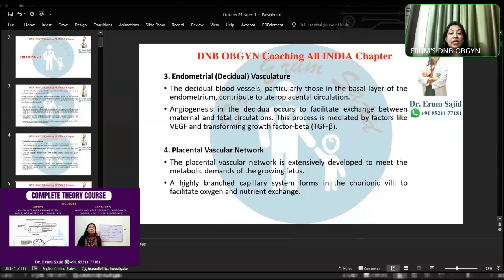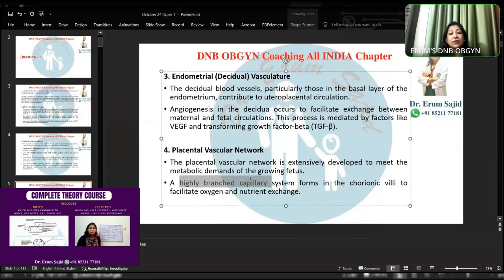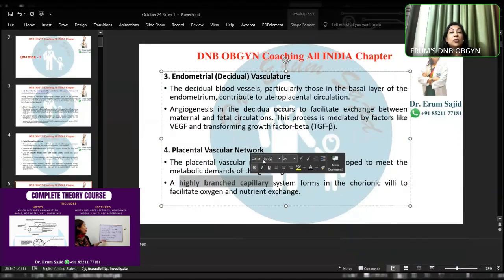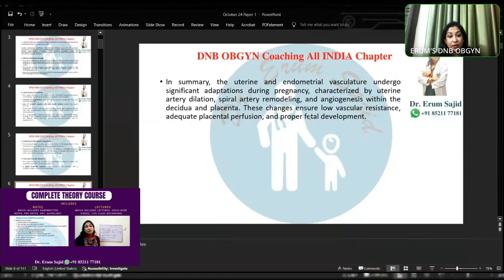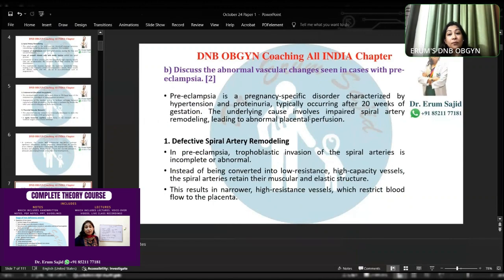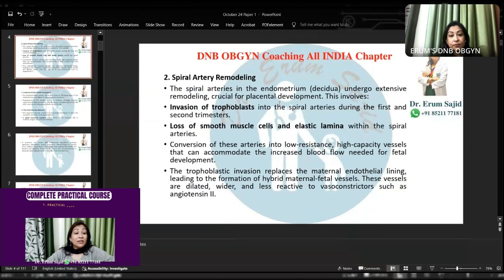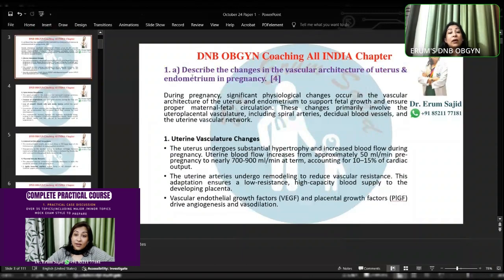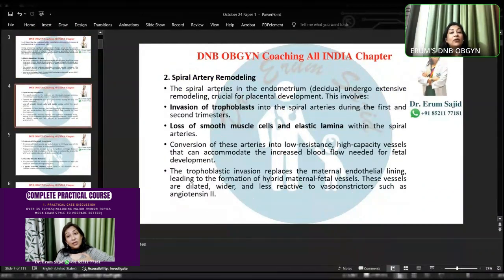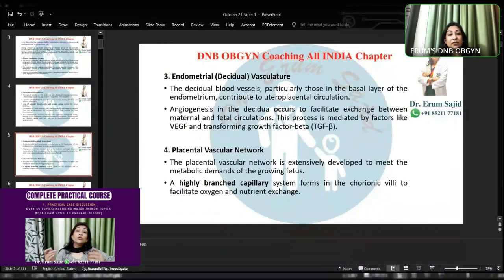And of course, they are highly branched capillary systems, because of which you get more and more blood supply.